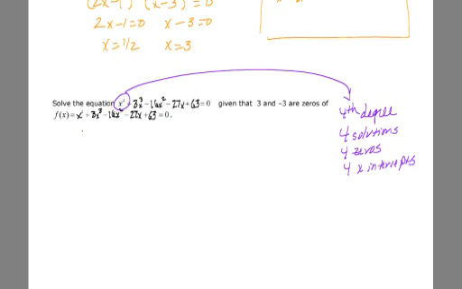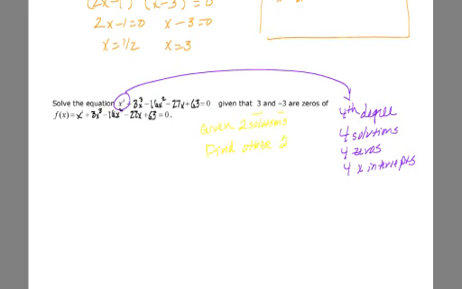We want to solve it, we want to find all 4 solutions, and they've given us 2 of the solutions. If I know 2 solutions, how many are left? Well, if there's a total of 4, they've given 2 solutions, we need to find the other 2.